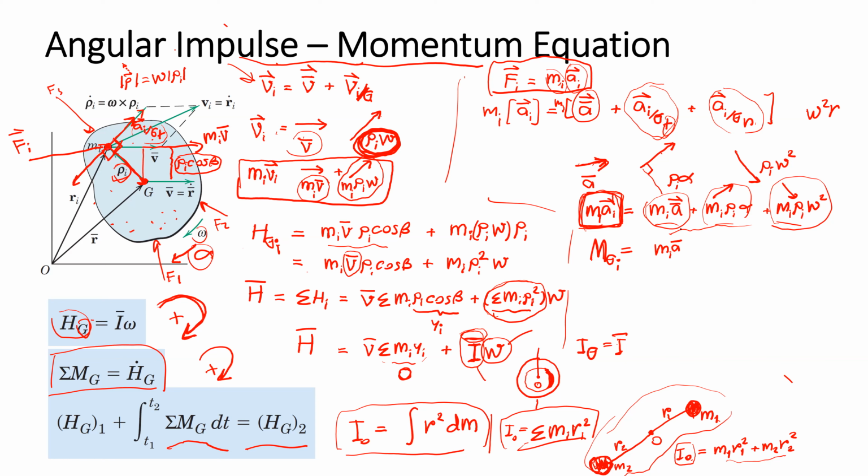In this case, if the A bar has the same magnitude as the V bar, the radius is going to be rho_i cosine beta.